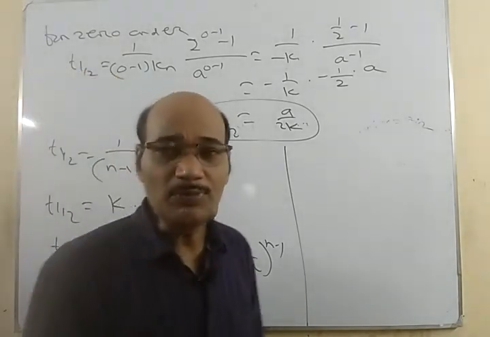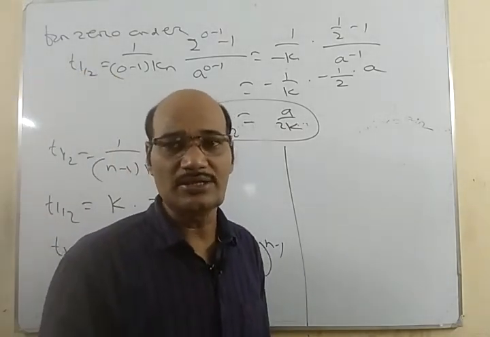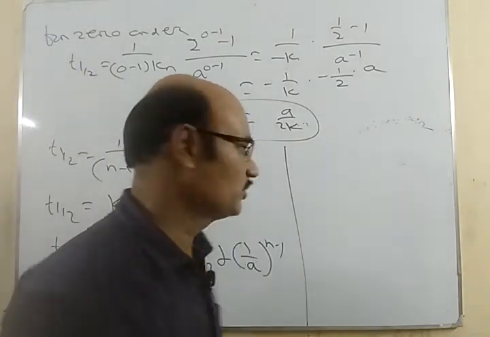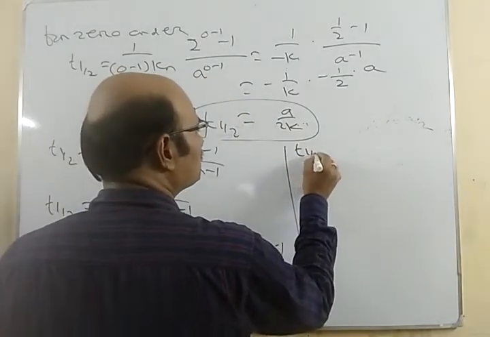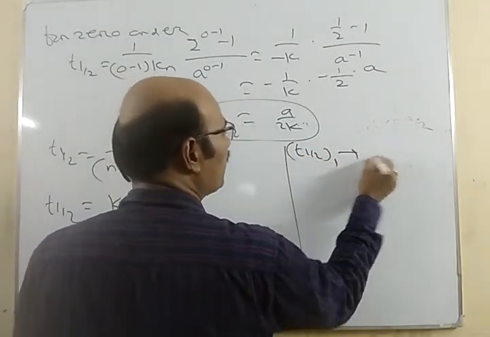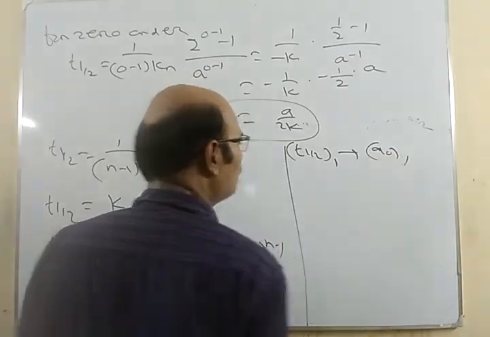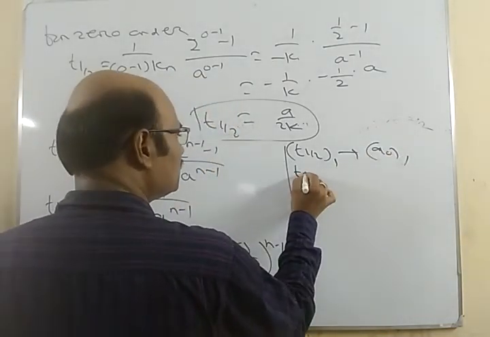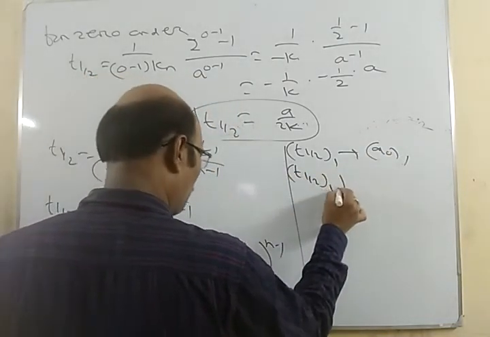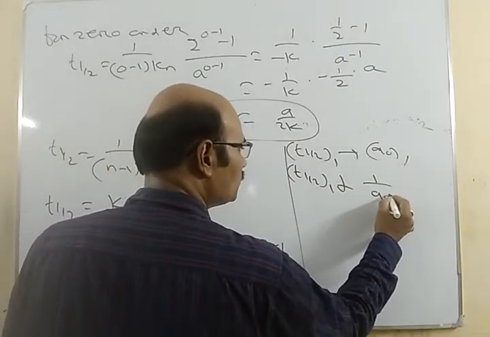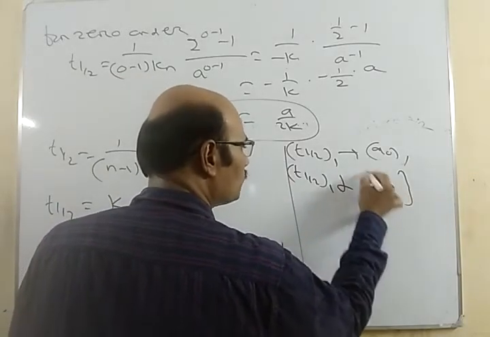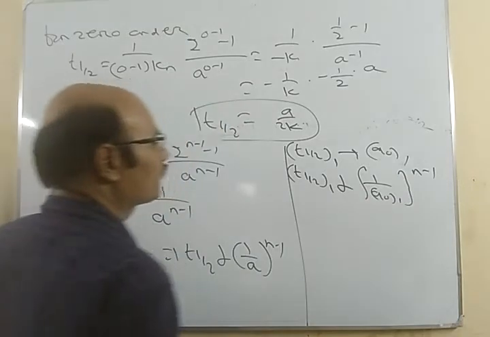Now if I have a reaction at different initial concentrations, suppose I have T half 1 at the initial concentration a0 1. So T half 1 is proportional to 1 by a0 1 power n minus 1.